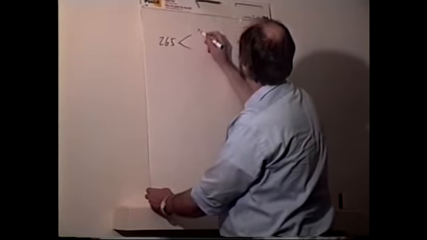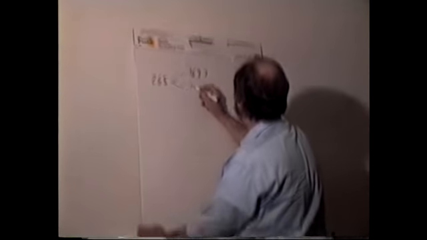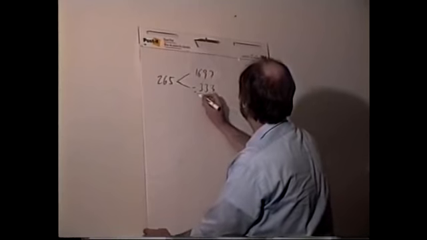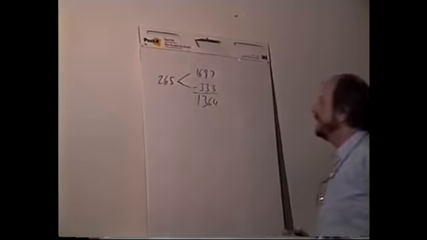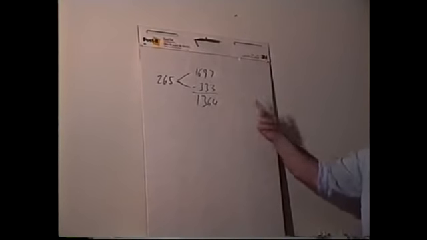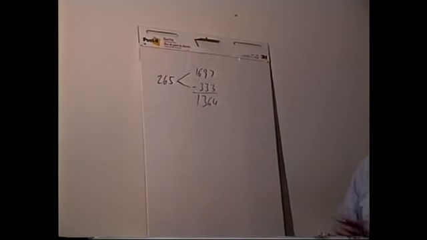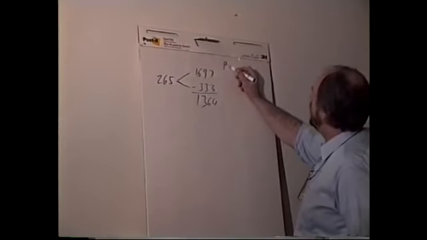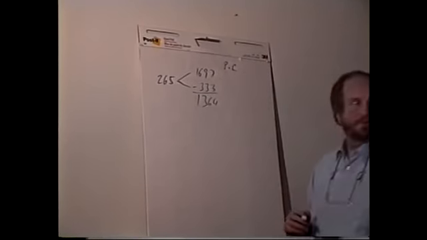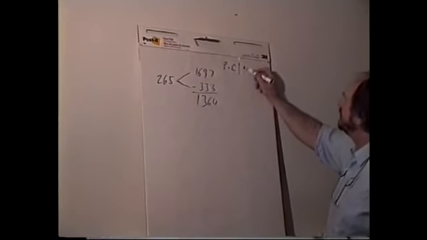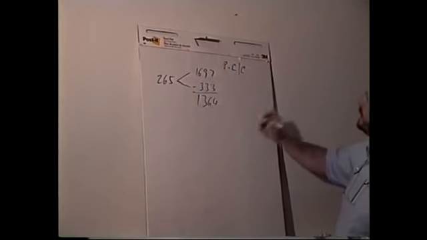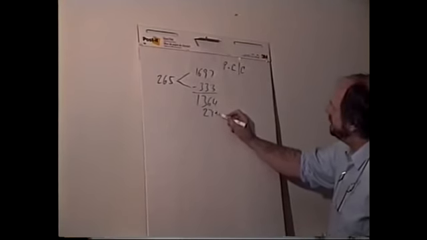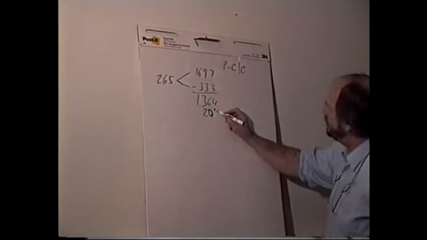265, 1697 minus 333 is 1364. Now this, from the point of view of positional partitionability, is written prime minus composite of the same rank, give composite, and it's 207th such composite.